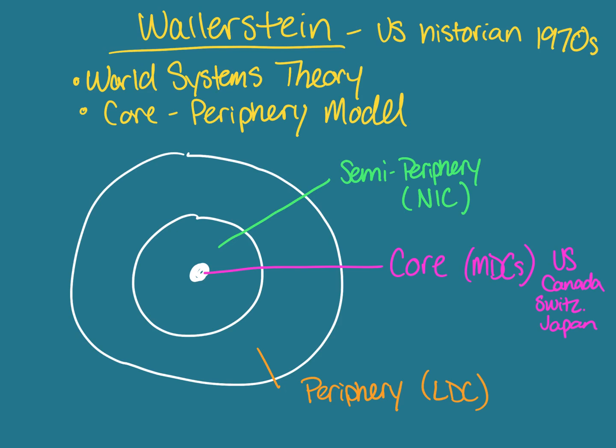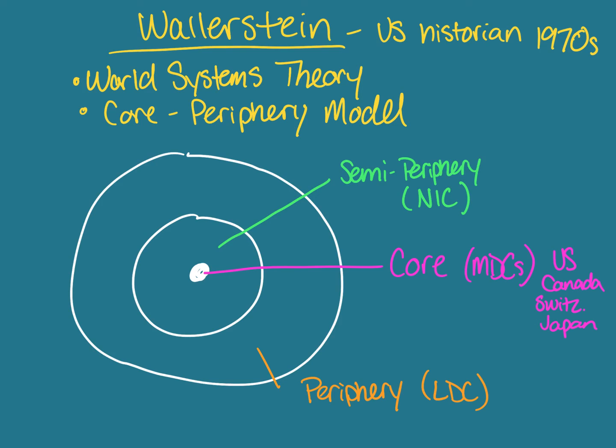Let's think about t-shirts as our example of a product. Let's say we are a big, powerful company here in the U.S. and we want to sell t-shirts for $10 a t-shirt. It's not going to cost $10 to make that t-shirt. It may cost $3 to make it in China.